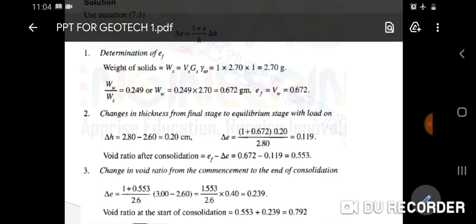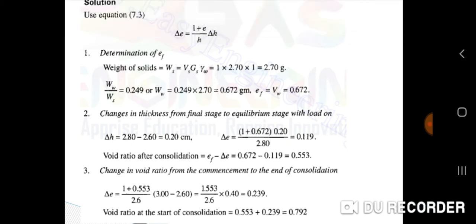Now you can put all the values in the void ratio of sample formula, delta e is equal to (1 plus e) divided by H into delta H. Here we have small e as 0.672, which we just calculated, delta H as 0.20, and the initial height is given as 2.80.